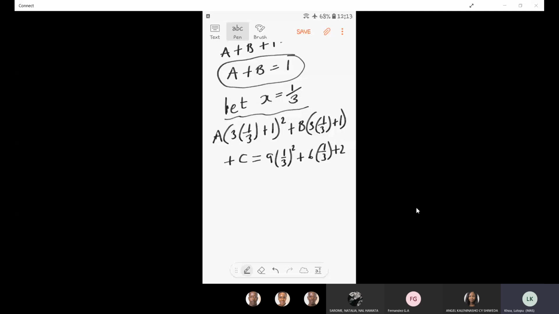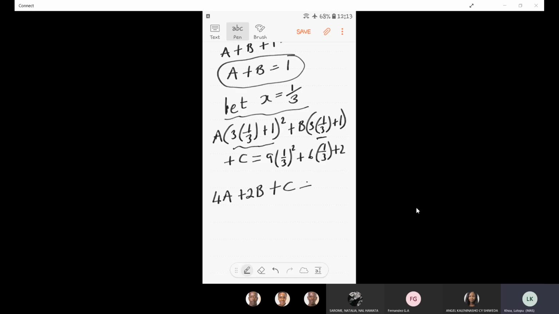Okay, so I will have 1 plus 1 because 3 times 1/3 is 1. Then 1 plus 1 is 2. 2 squared is 4. So I have 4A. Then here a third times 3 is 1, so I have 1 plus 1, which is 2. So I have 2B. C, we said, must just remain there because x has no effect on C.